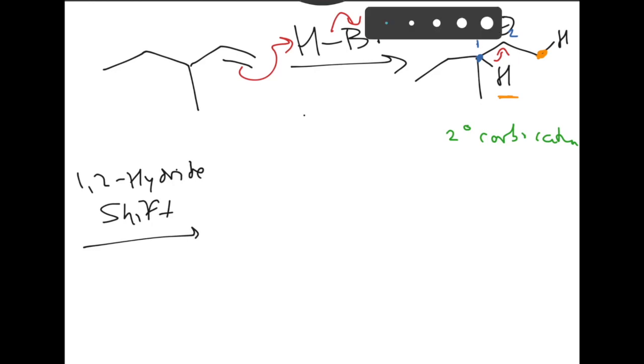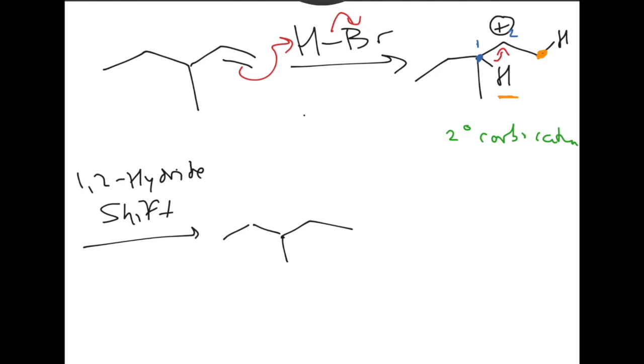When this happens, that hydrogen took its electrons with it and used its electrons to fill the empty orbital that is the carbocation, but it left a carbon short electrons, because it took the 2 electrons that it was sharing with its carbon and moved.